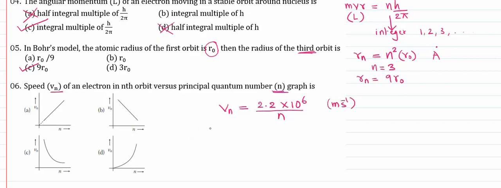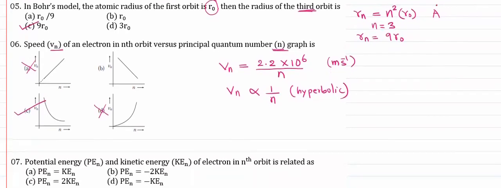So Vn is inversely proportional to n. As n increases, Vn has to decrease, so A is not the option, D is not the option. Since Vn is inversely proportional to n, it will not be linear but a hyperbolic curve. So option C is the answer.